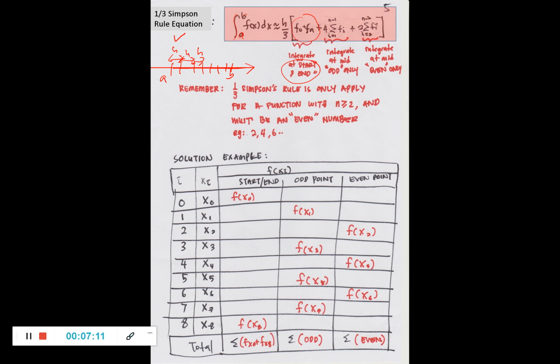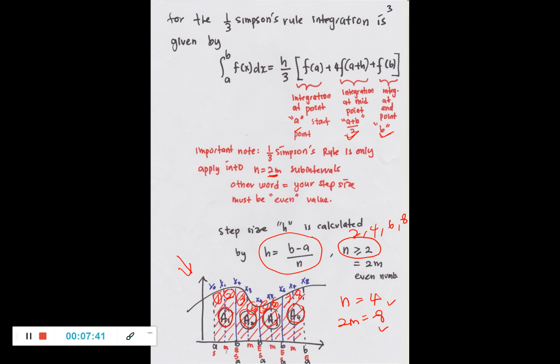Okay, and then plus 4 summation of value of f(x) at odd point only, plus 2 times summation at you punya even point only. Okay, ini adalah standard formula dia. So untuk standard formula ni you tak perlu hafal sebab kita akan beri di dalam exam. Okay, so kenapa you ada this 3 segment? Okay, rujuk balik pada graf saya yang ini.